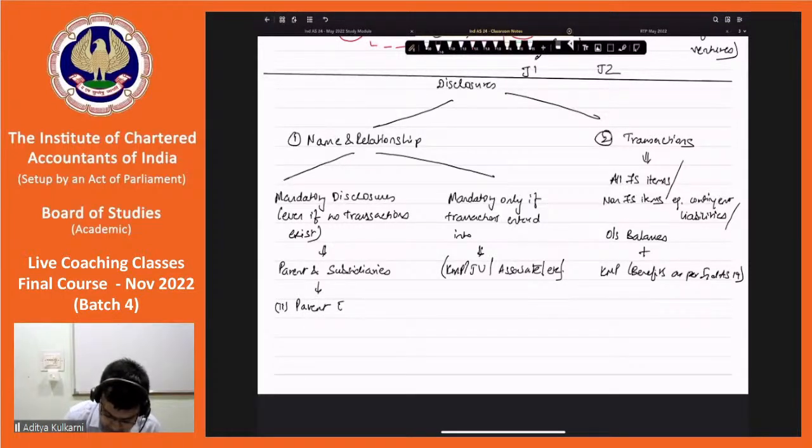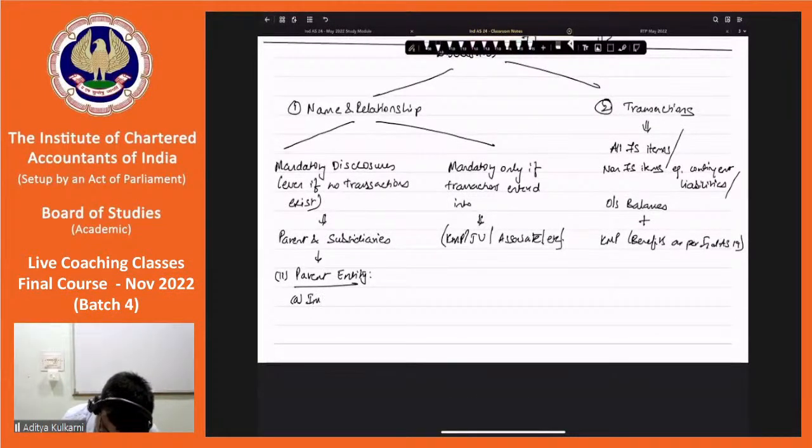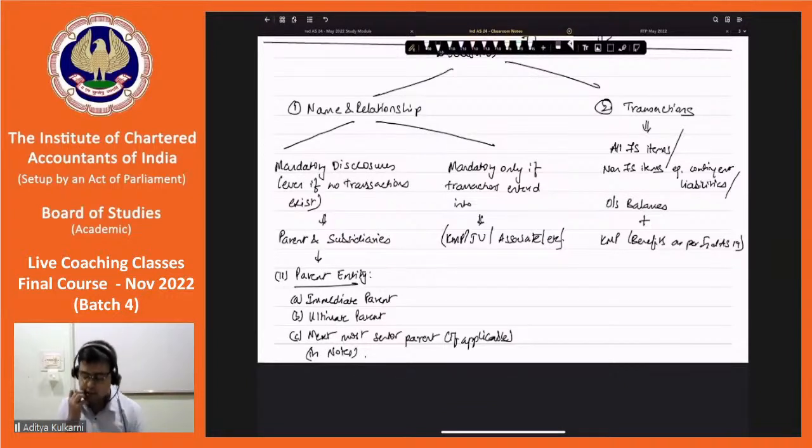If you are a parent entity, you will disclose something known as A, immediate parent, B, ultimate parent, and C, next most senior parent, if applicable, in notes.